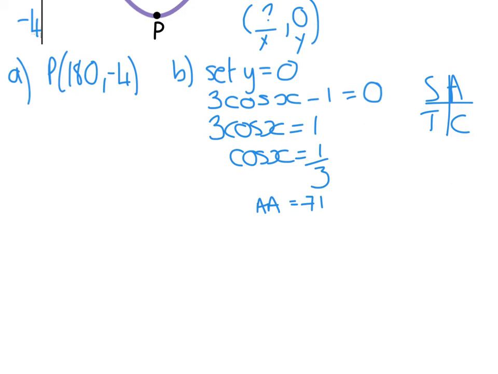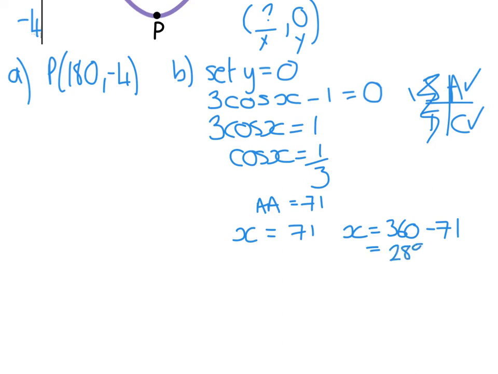Now, sorry, this was positive. So again, we are using all sine tan cos for this one. So x will be 71, and it will also be 360 take away 71, which is 289. Okay, now they wanted coordinates, right?